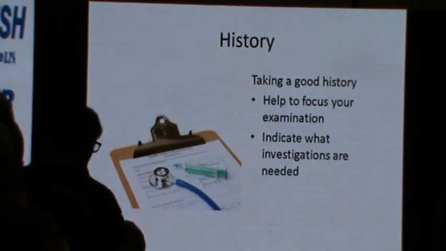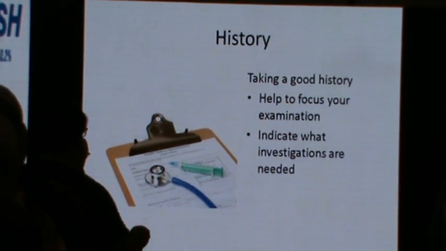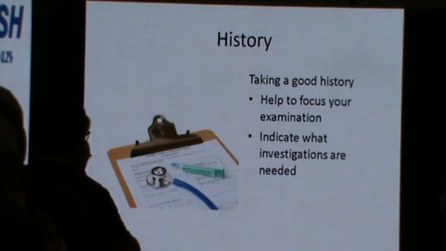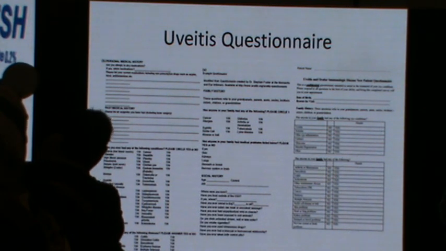The first, history. For us as uveitis specialists, history is a very important and integral part in order to reach the correct diagnosis. We have two ways of obtaining history from our patients, and I work with both.